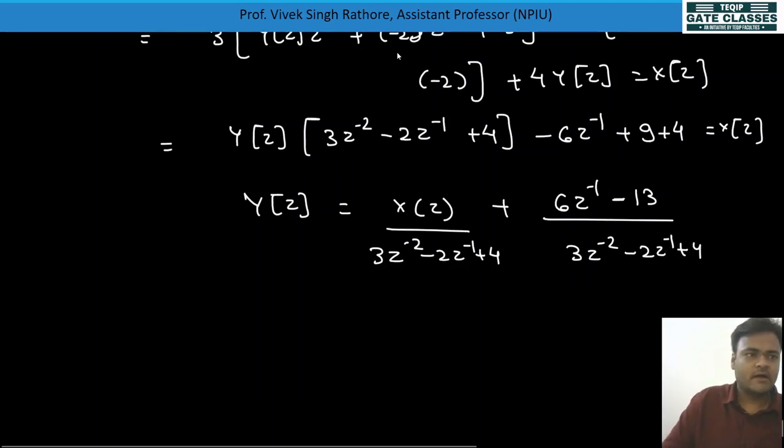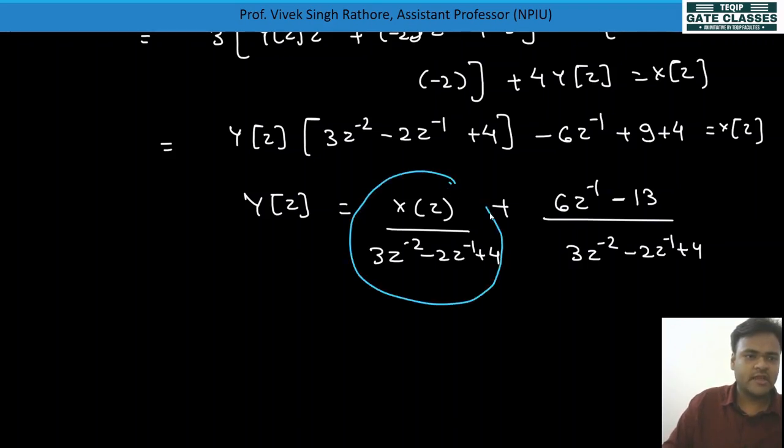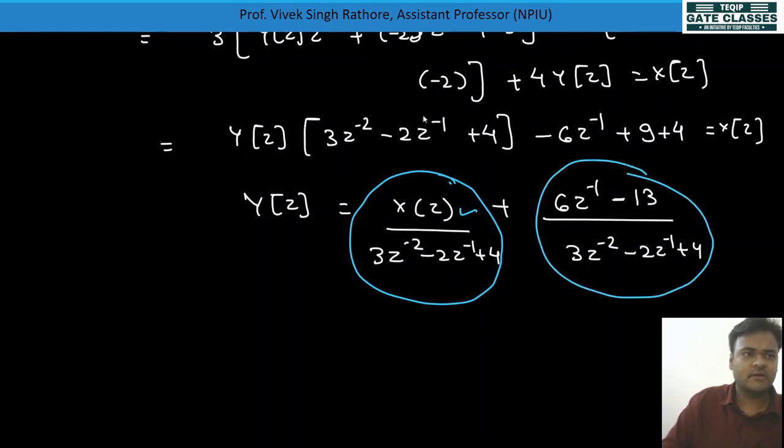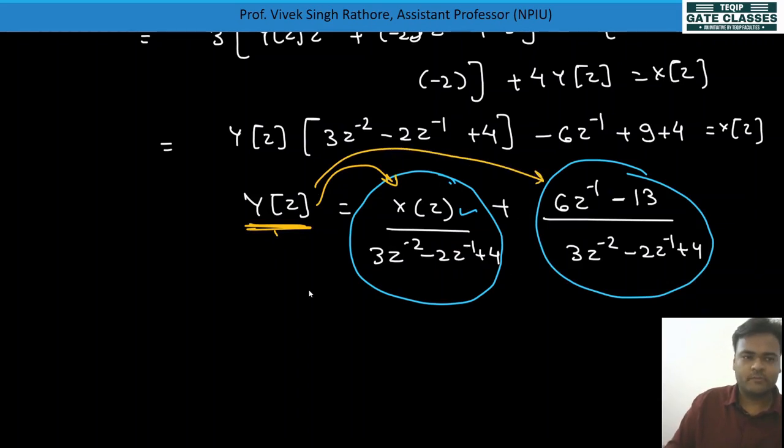You can understand that this portion involves X(z), and this portion does not involve any X(z). X(z) is nothing but your input. So output will have a component from the input part and some non-input part. This portion, having no initial conditions, is called the zero state response.